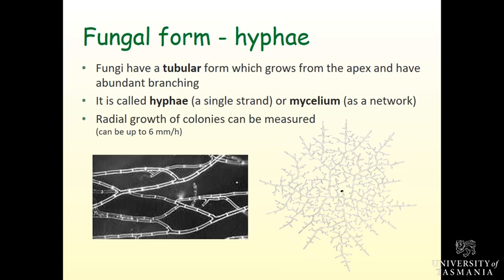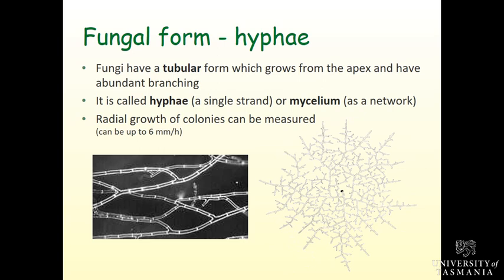It generally has abundant branching, and sometimes that branching pattern is actually really important in trying to determine from a diagnostic perspective what type of fungus you've got. Often the hyphae and the mycelial structure are not terribly distinctive in terms of diagnostic perspective.